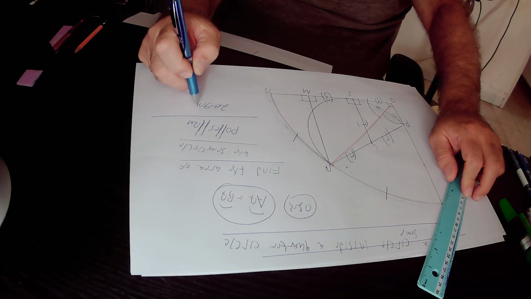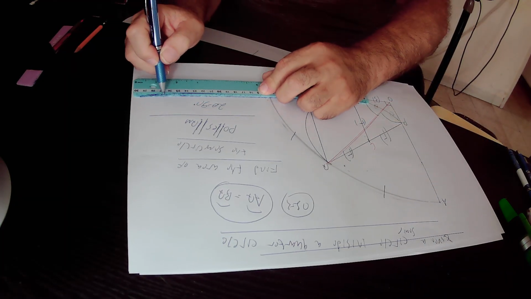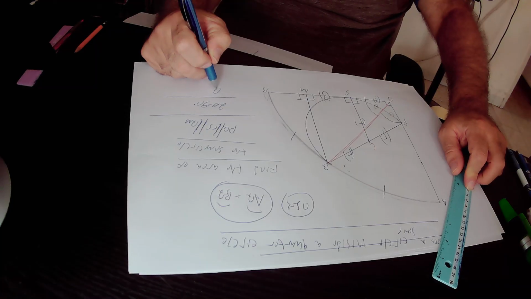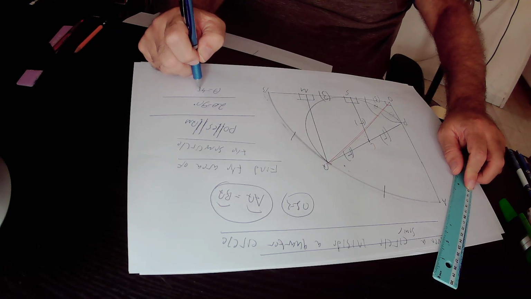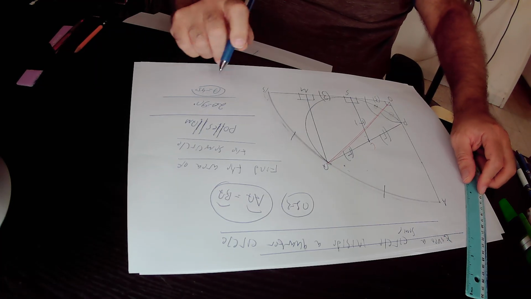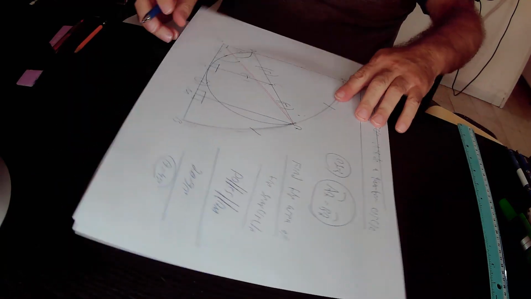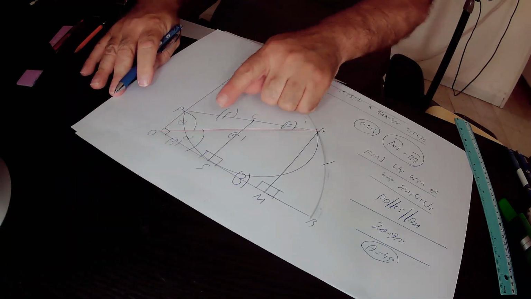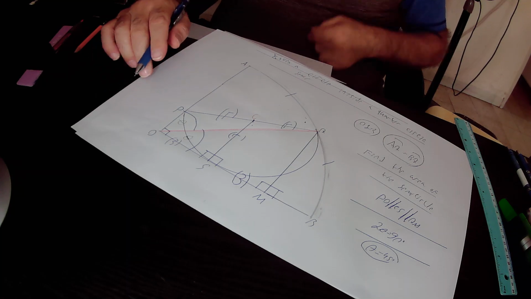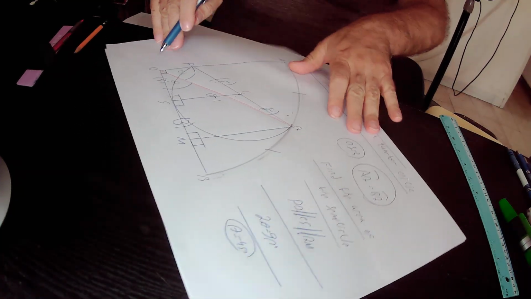And therefore theta equals 45 degrees in its size. This is again theta equals 45 degrees in its size.